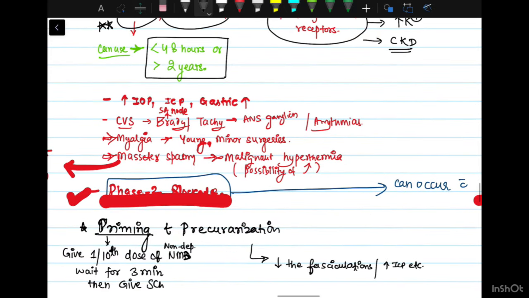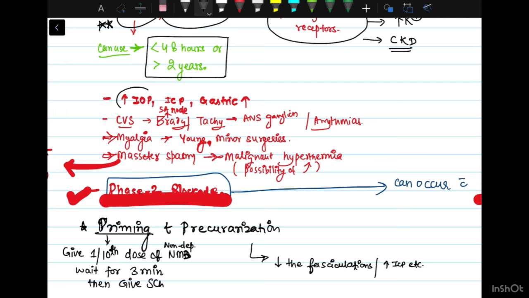Then after the potassium, we move on to the intraocular pressure. You should avoid succinylcholine in eye trauma patients, or cataract surgery, or glaucoma patients. It increases the ICP, so succinylcholine is avoided in neurosurgery patients, or patients having increased intracranial pressure, and the gastric pressure is also increased, however not very significant.